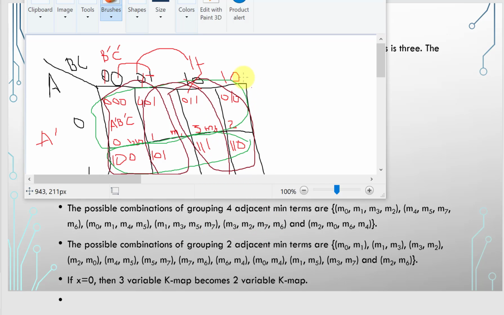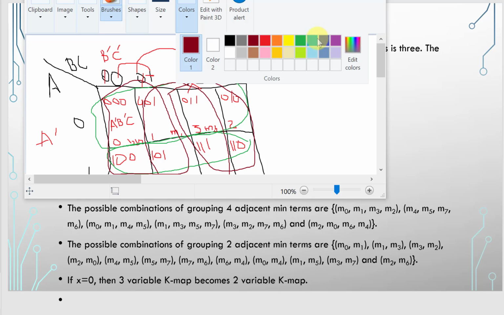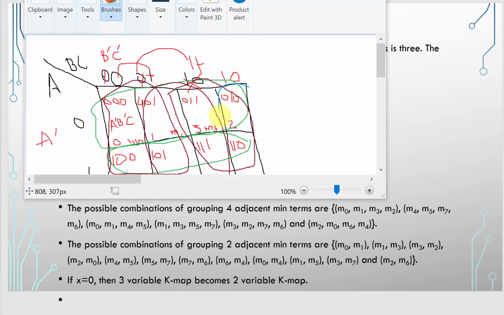And the last is, I will change the color for you, this cell and this cell, right? So these are the possible combinations for 4 adjacent minterms. Similarly, we can also make 2 adjacent minterm combinations, which will be these two, then these two, and then these two, and then you will also do it vertically, right?